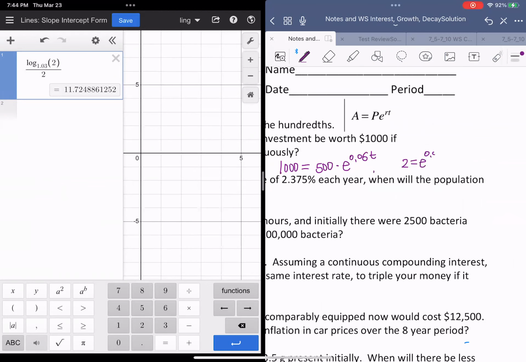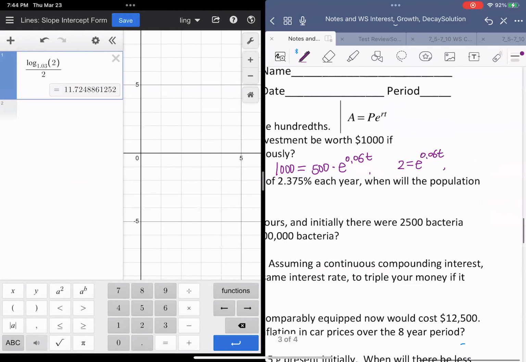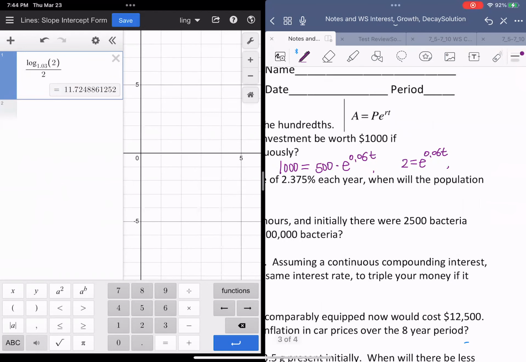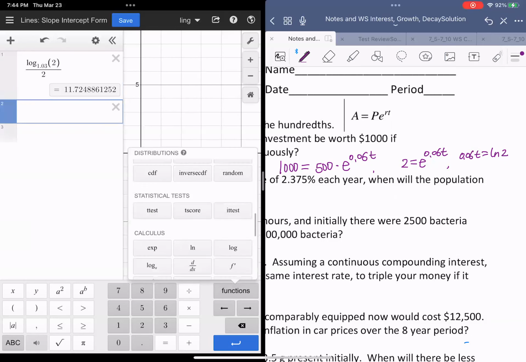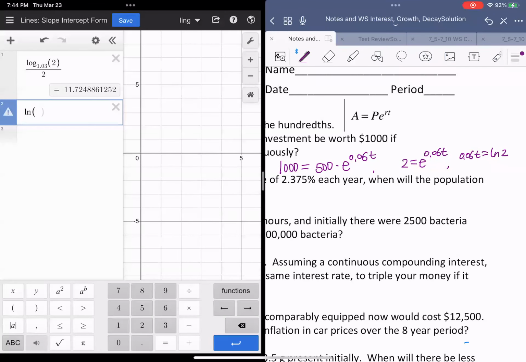Yes. This one here, when we want to do this, we have to say 2 equals e to the 0.06t. So this is ln of 2 equals 0.06t. Right. So if we do this, we will use ln of 2 and then divide by 0.06. Okay. 11.55.